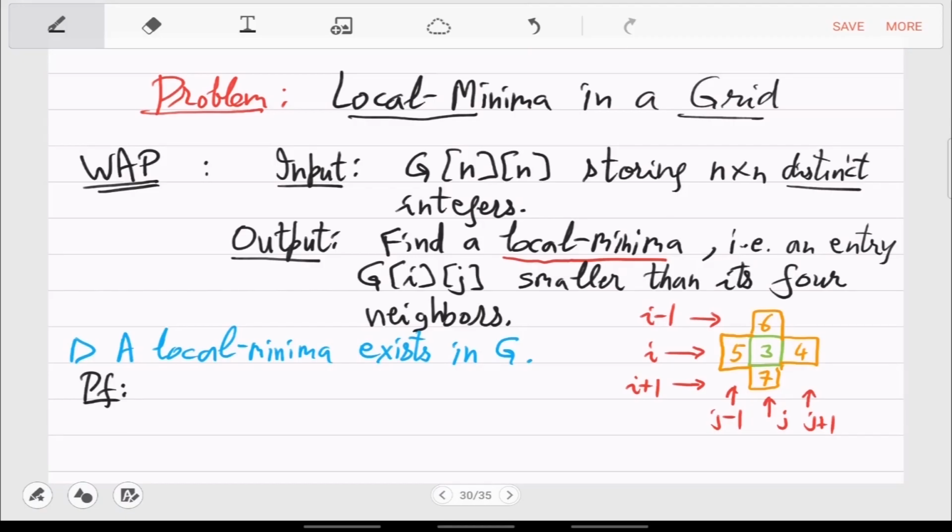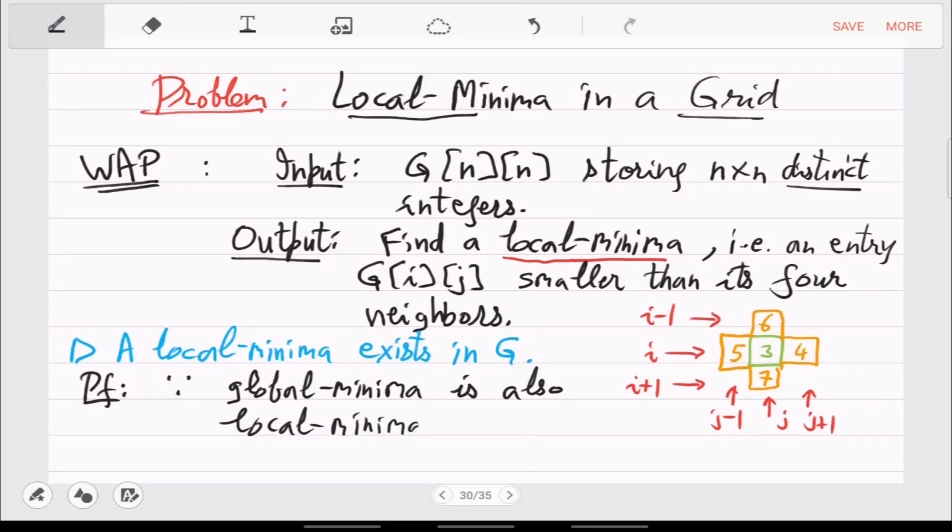So a local minima exists in G because the global minima cell is also a local minima, because none of its neighbors can be smaller.